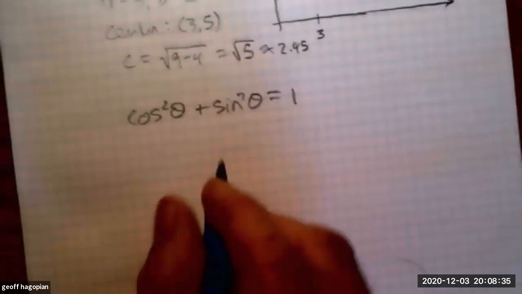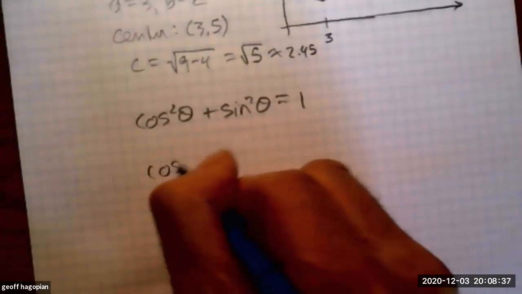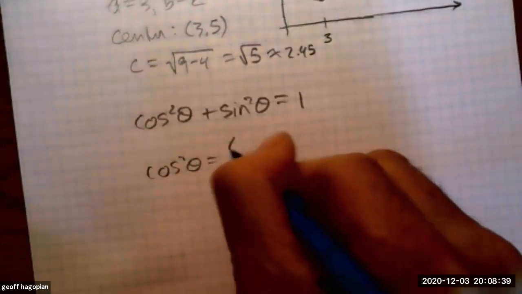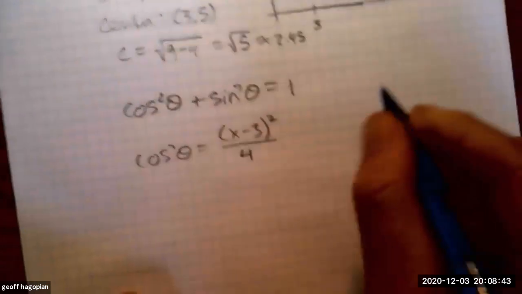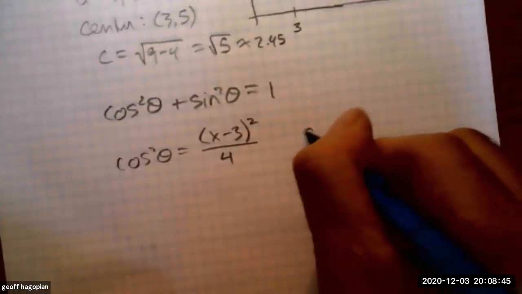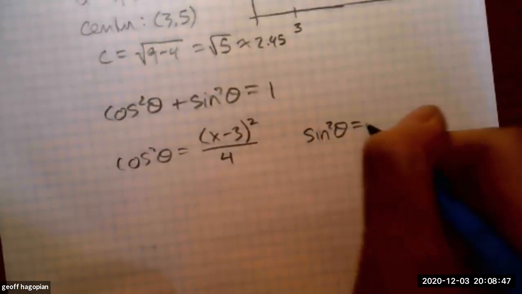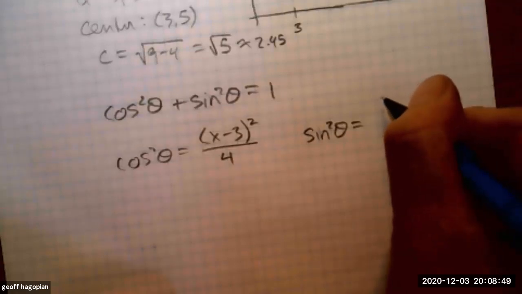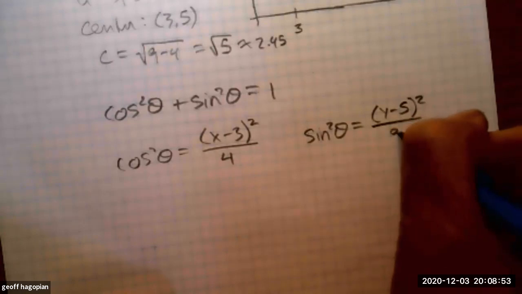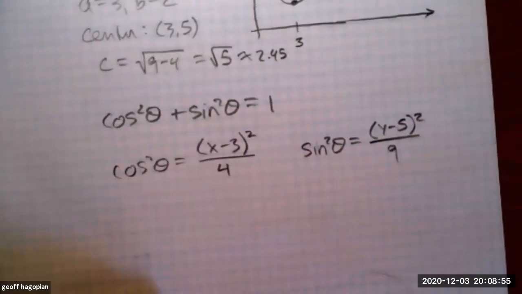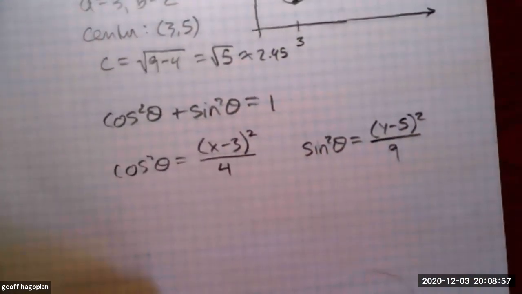So let's do that. Let's say cosine squared theta is going to be the x minus 3 squared over 4, and sine squared theta is going to be the y minus 5 squared over 9. Can we solve for x and y in these? Sure.